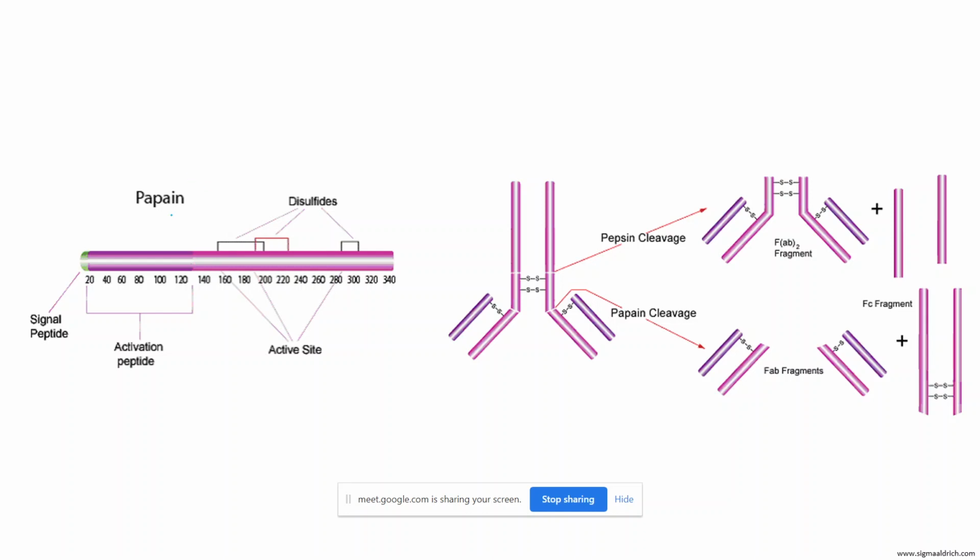The structure that you are seeing here is the basic domain architecture of papain. Whenever we visualize any protein in this kind of arrangement, where we can see the distribution of amino acids, like here from amino acid 20 to 340, with amino acids 1 to 20 being just the signal peptide, this arrangement is called domain architecture.